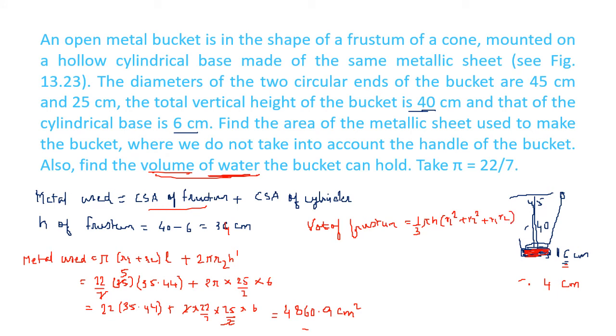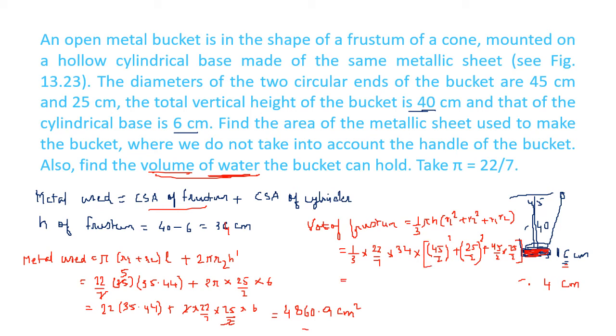So that is equal to 1 by 3 into 22 by 7. Height of the frustum is 34 into 45 by 2 the whole square plus 25 by 2 the whole square plus 45 upon 2 into 25 upon 2, whole into bracket.